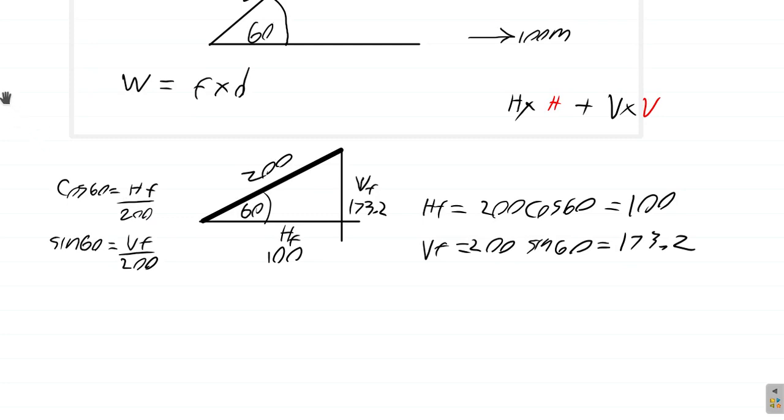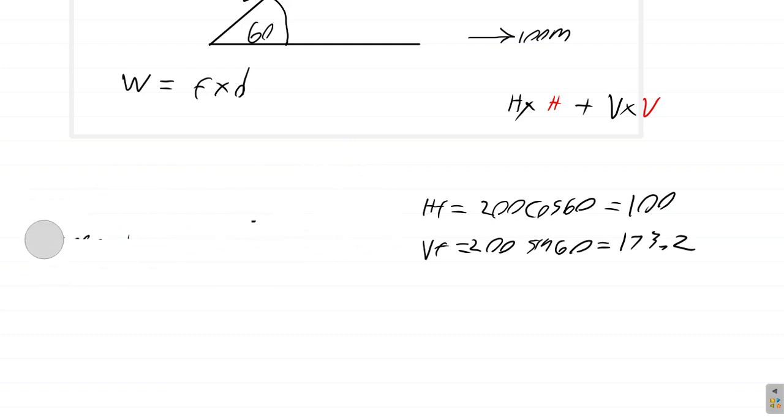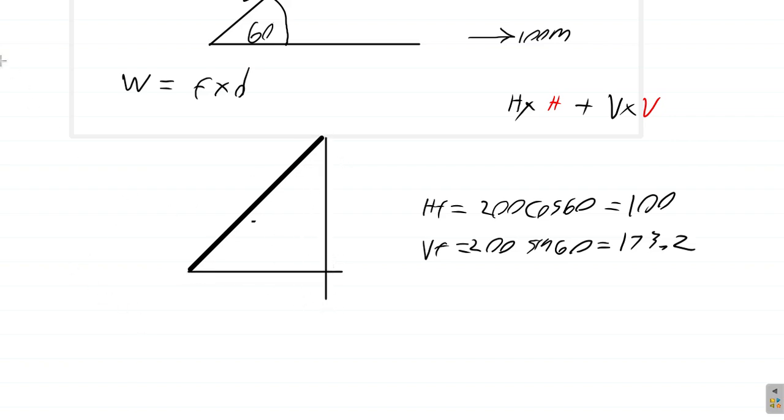Alright, but let me redraw it properly, kind of properly. That probably would look more like it. Alright, we have our 60 degrees here. This is 173.2, this is 100 newtons, right?